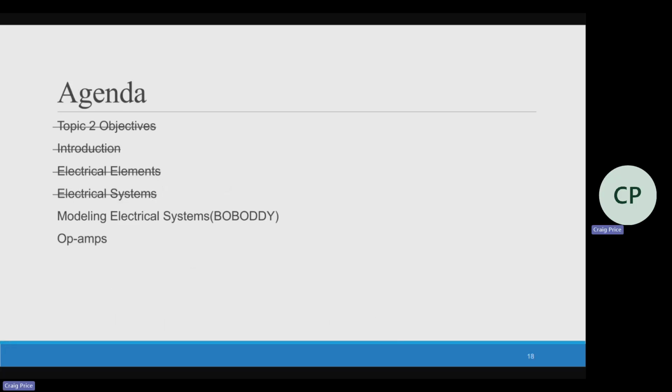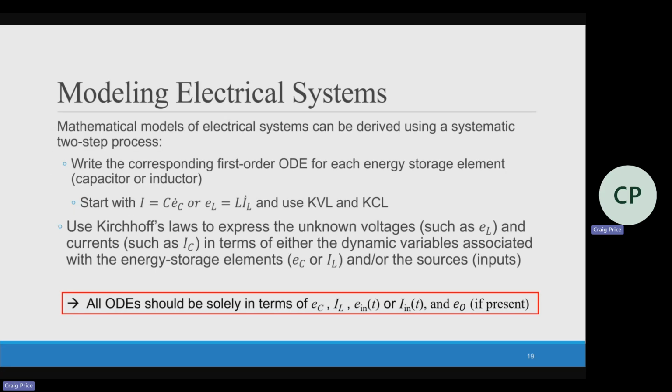So we've got all the tools, we've got all the definitions. Now we're going to talk about how to actually model these. In the bond graph, this is where we get to the definitions part. Basically, we're going to write the first order differential equation for each energy storage element, capacitor or inductor.